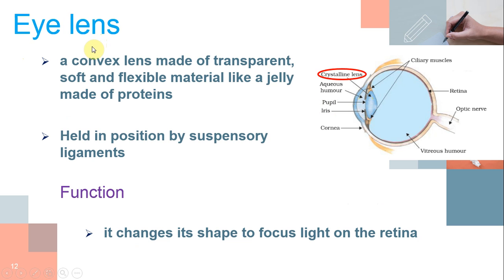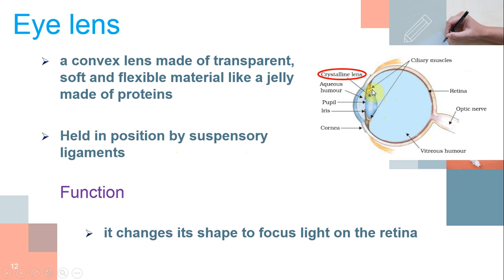Next one, eye lens. It is a convex lens made up of transparent, soft and flexible material, like jelly made up of proteins. So this is the eye lens. It is held in position by suspensory ligaments.